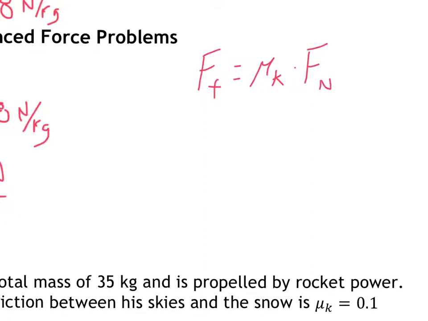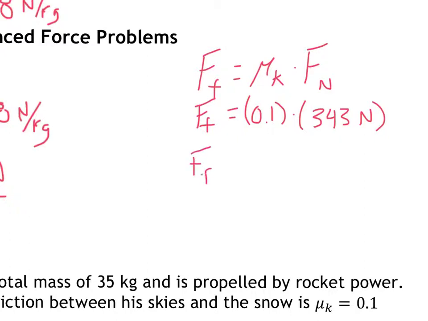We've already found the normal force to be 343 newtons. And we know that the coefficient of friction is 0.1 because it was given to us in the problem. So the force of friction is going to be 0.1 times 343. This tells us the force of friction would be 34.3 newtons. But because the force of friction acts to the left, this force would be negative.